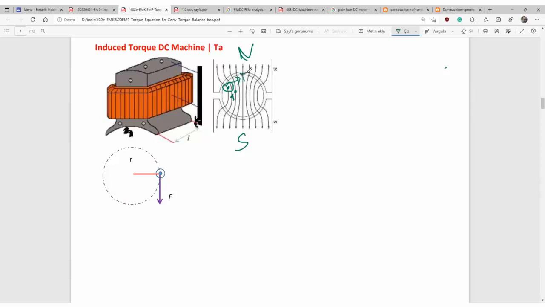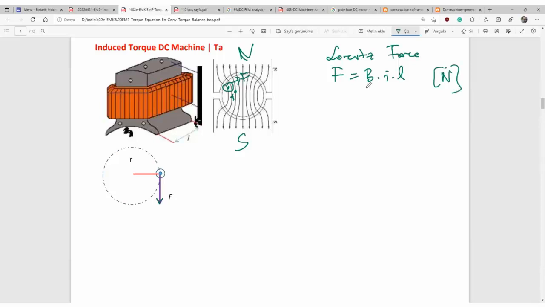Force is equal to Newtonian force or Lorentz force, equation BIL. You remember this equation from previous courses. If there's a current carrying conductor under the magnetic field, there's a Newtonian force due to Lorentz force.